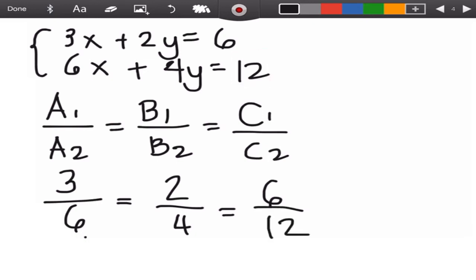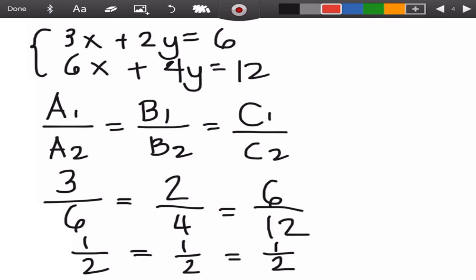Then we simplify to the lowest terms. 3 over 6 is divisible by 3, so we have 1/2. 2 over 4 is divisible by 2, so we have 1/2 also. And 6 over 12 is divisible by 6, so we have 1/2.